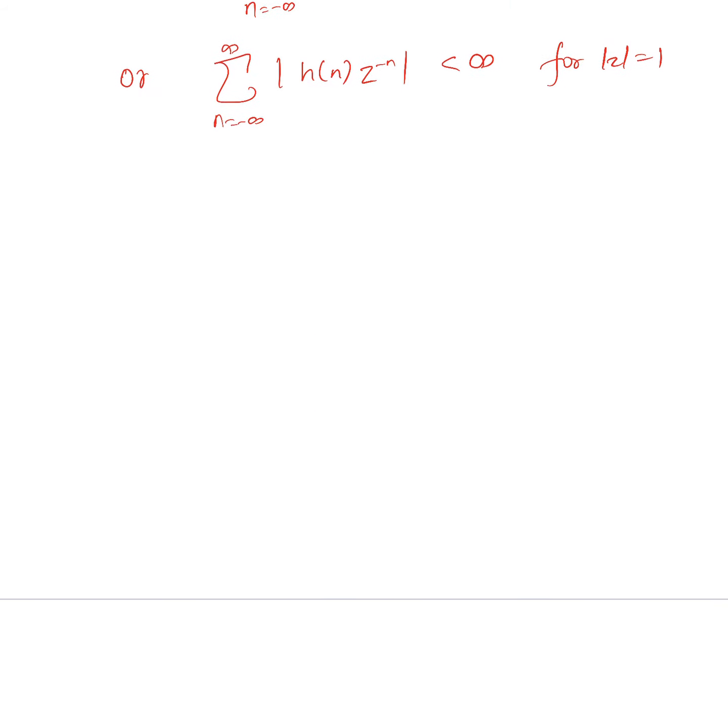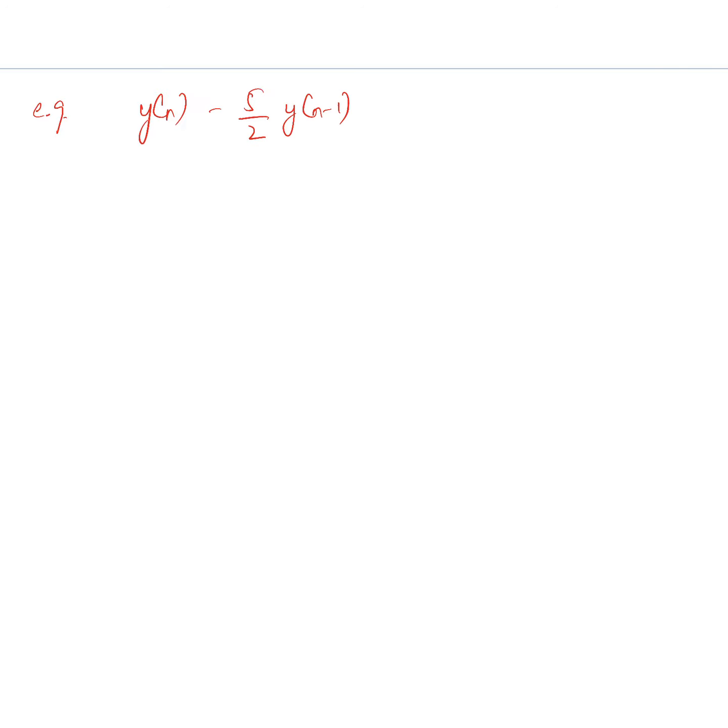Okay, so let's consider one quick example which will give you more insight into these two basic but important properties. In the example, let's consider the difference equation given as y[n] minus 5/2 y[n minus 1] plus y[n minus 2] equal to x[n].